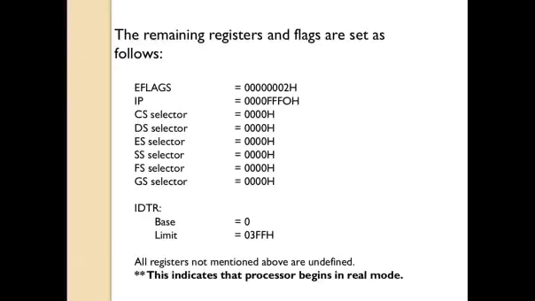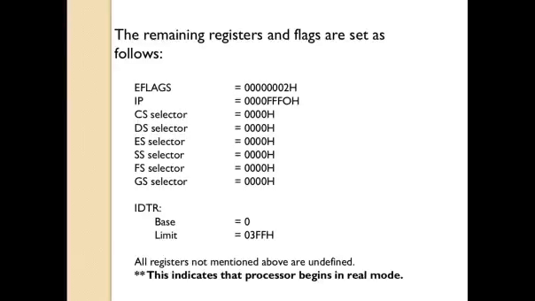Then next, CS selector code segment is 0, DS 0, ES 0, SS is 0, FS is 0, and GS is 0. So all segment selectors are set to 0 value. As we are not executing any instruction, no memory allocation is done, or no process is accessed, no code is accessed. So all the segments are set to 0.